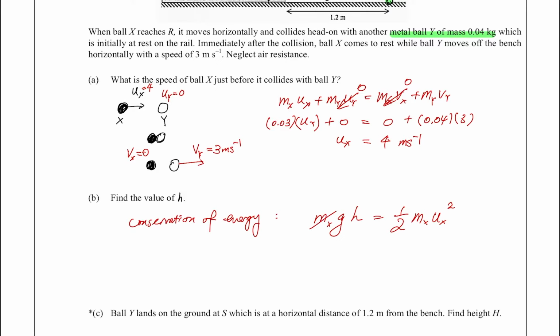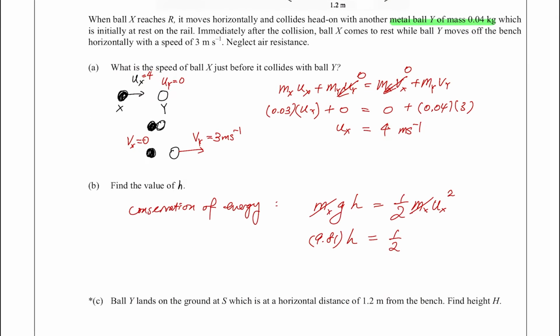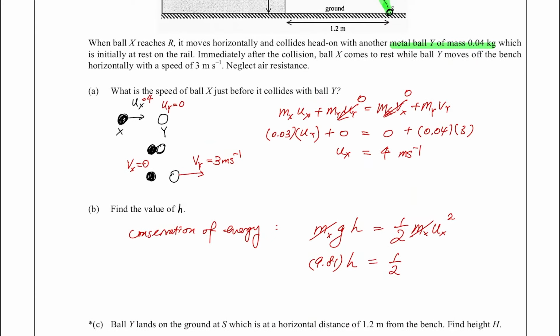Let's put in the numbers, and also note that mx on both sides can be cancelled out. So g is 9.81, h is what we want to find, and ux is the speed of ball X at the lowest point of the track, which equals 4. Okay, we have already calculated this.